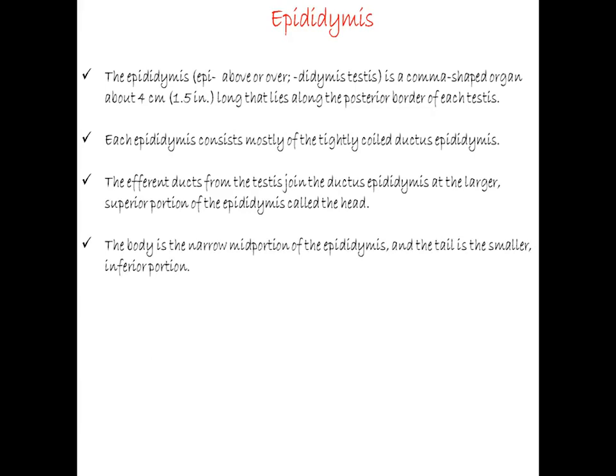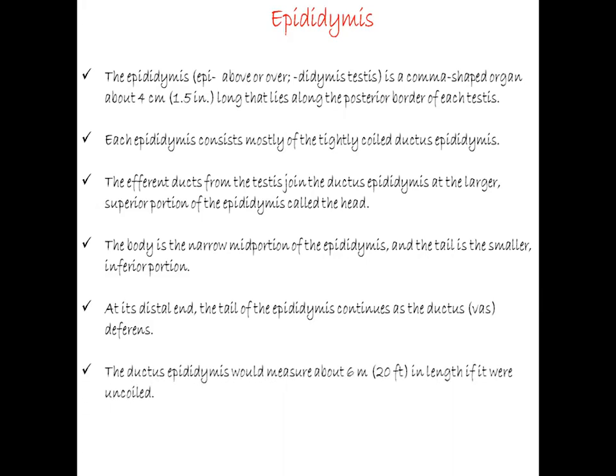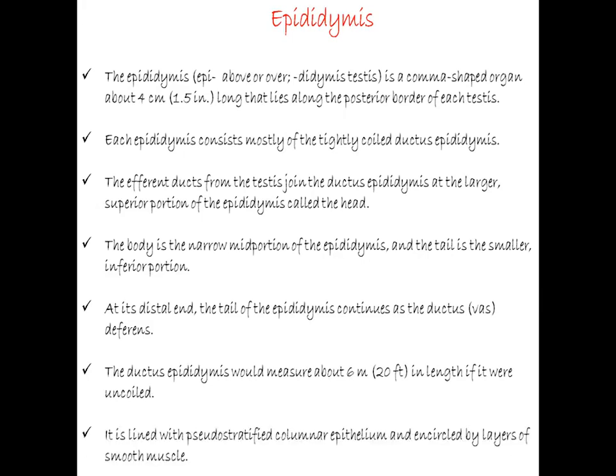The body is the narrow mid portion of the epididymis and the tail is the smaller, inferior portion. At its distal end, the tail of the epididymis continues as the ductus deferens. The ductus epididymis would measure about 6 meters in length if it were uncoiled.